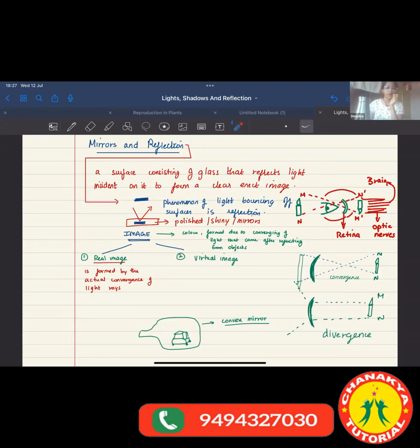Ma'am, what is written after glass that reflects light? Incident. Okay.